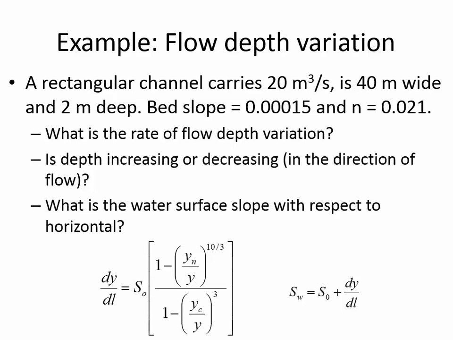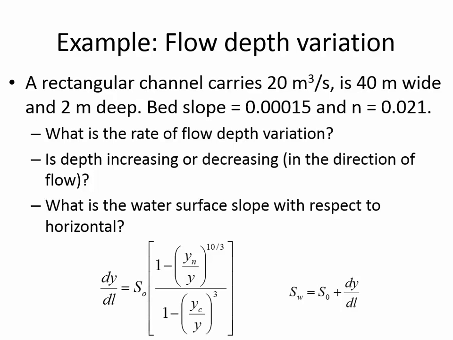If you had steady, uniform flow on this slope, it would be subcritical. So since yn is bigger than yc, the slope is mild.